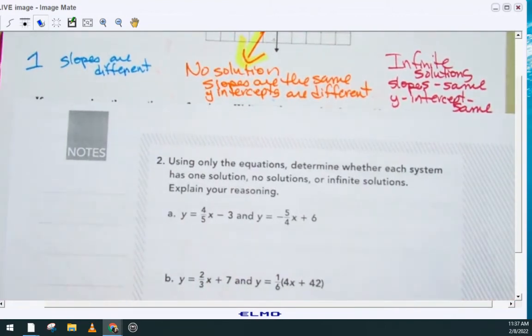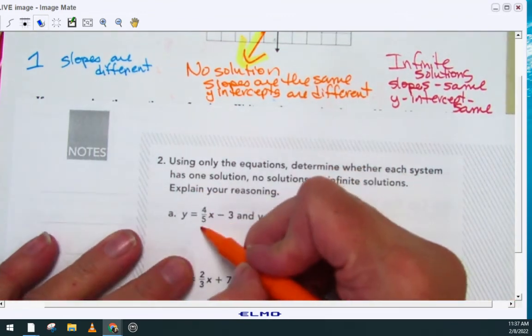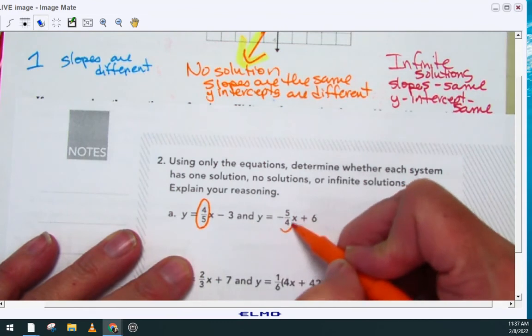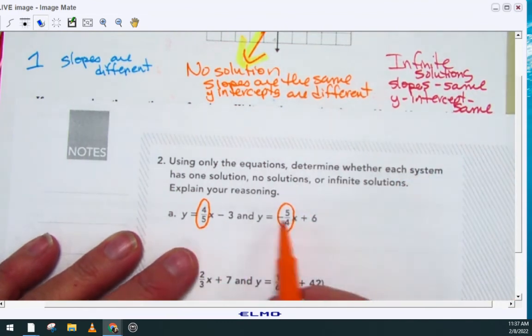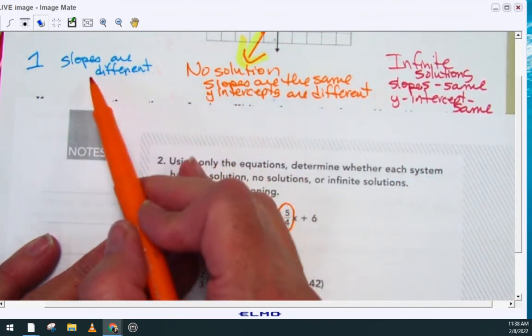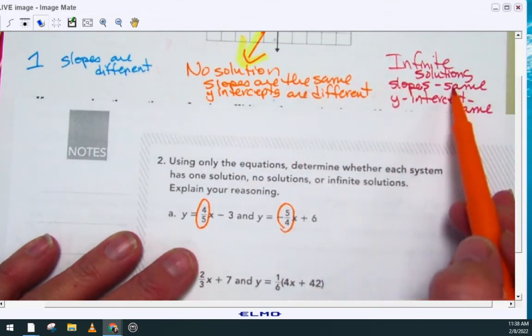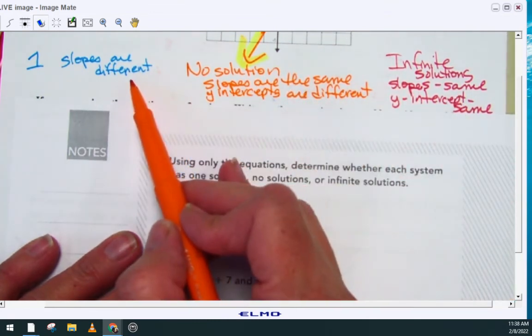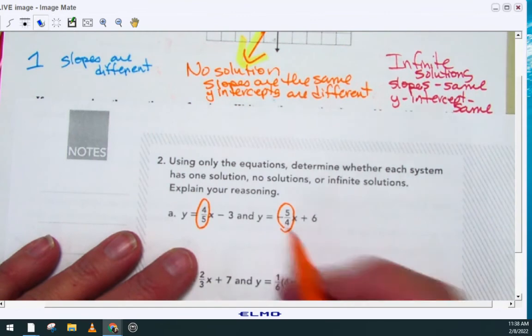So I'm going to look at my slopes and I'm going to look at my y-intercepts. If I look at my slopes, I have this slope and this slope. They are totally different. Slopes are different, slopes are the same, slopes are the same. So automatically the fact that the slopes are different means that there's one solution.